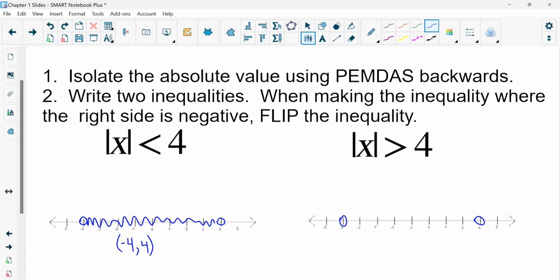But if we want that value to be larger than 4, then our shading would be pointing outward, because we want our distance to be larger than 4. So out here, like 5, 6, 7, 8 is larger than 4. And so in this case, since it's two separate going out, I would have to write two separate inequalities. So it'd be -infinity to -4 union 4 to infinity.